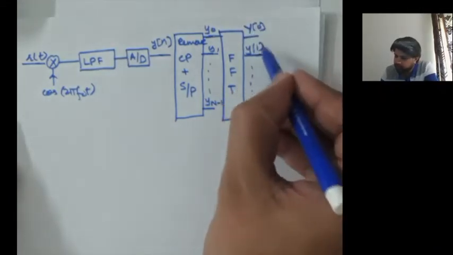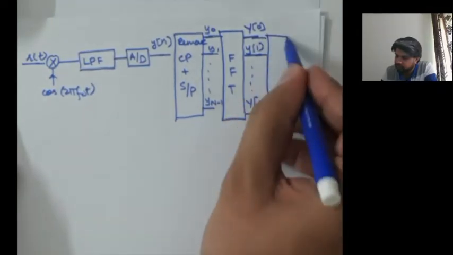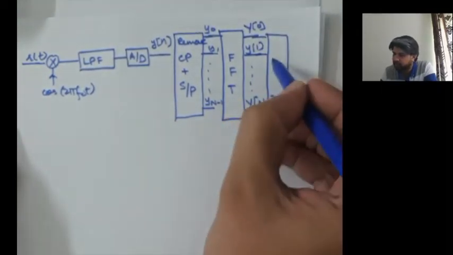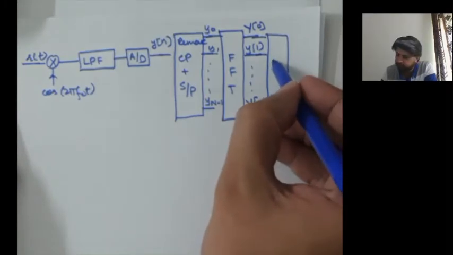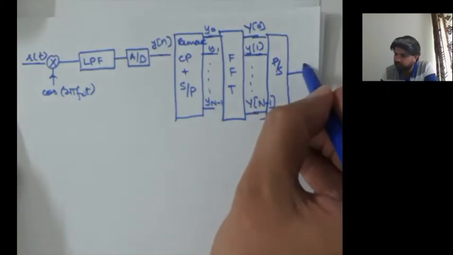And then you would carry out parallel to serial conversion again, and there you would have a demodulator.